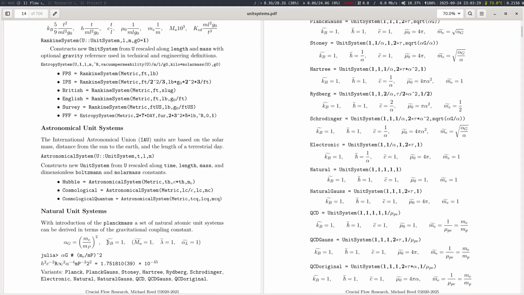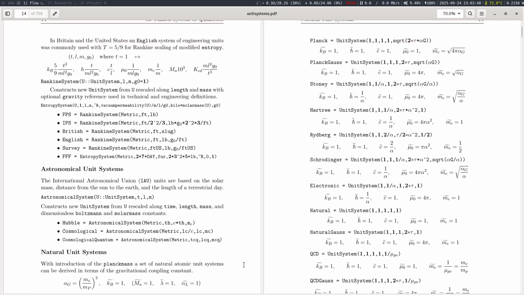And then the Boltzmann constant is set to 1, molar mass is set to 1, and these other constants are set to 1. So here are some ways you can do that. You can set a bunch of these constants to 1 and then just use the gravitational coupling constant to create this Planck system.